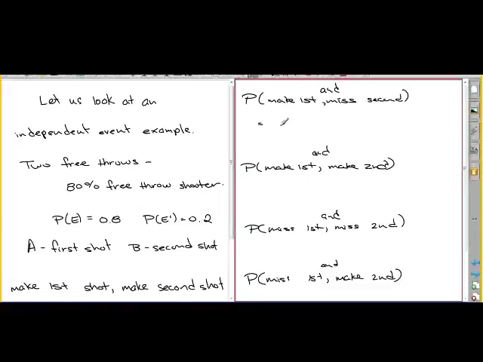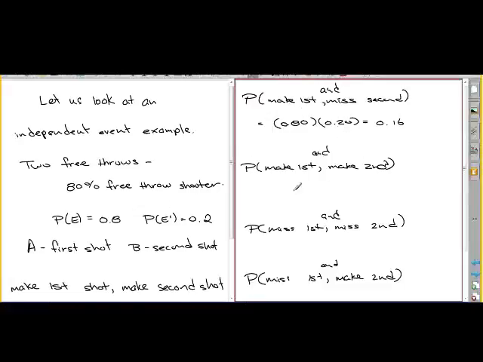So in this case, the probability of making a free throw is 0.8. So that's the first shot. That's event A. Event B is missing the second shot. So the probability of missing the second one is 0.2. You multiply those together and you get 0.16.